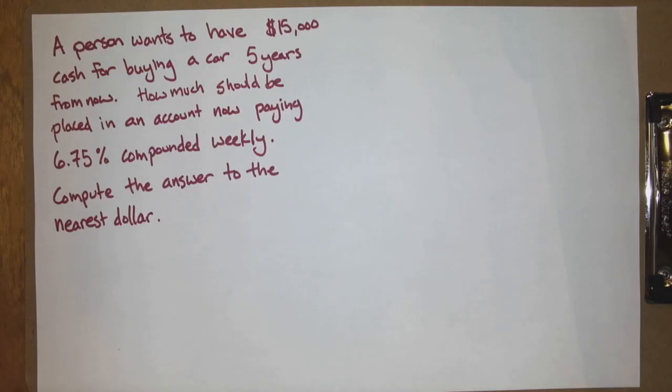And I was like, no, this book is out of date. $15,000 will not buy you a new car. But okay, so I just said a car. All right, so how much should be placed in an account now, paying 6.7% compounded weekly? Compute the answer to the nearest dollar.